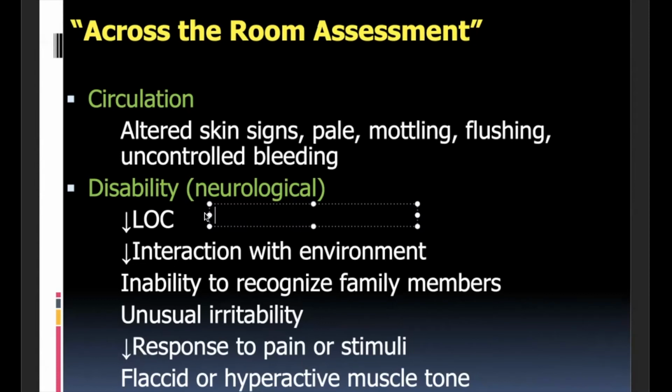If you're familiar with this one, your AVPU, it is somewhat familiar with your GCS. So what is this all about? With this one, we are assessing if the client is awake.